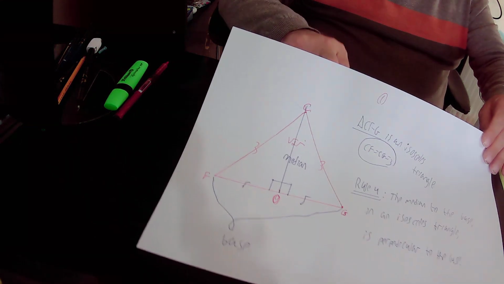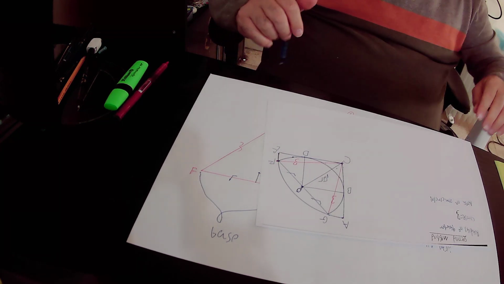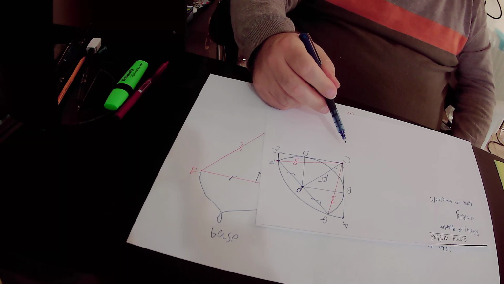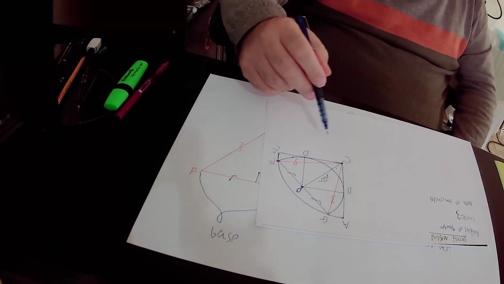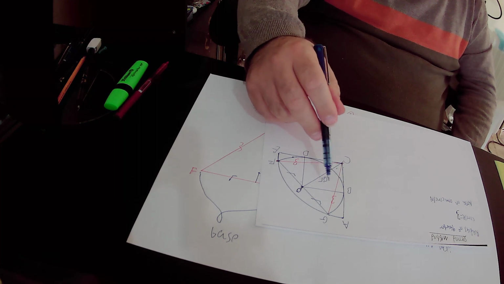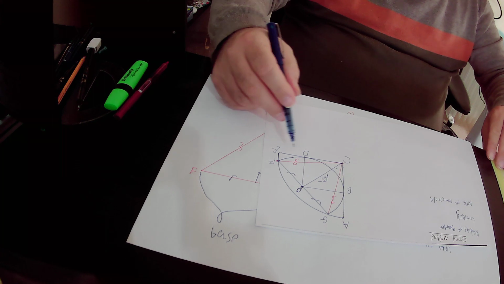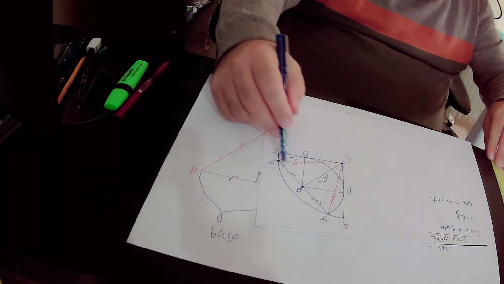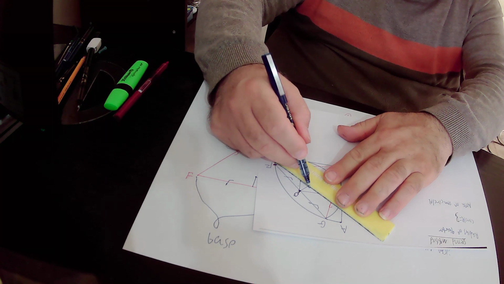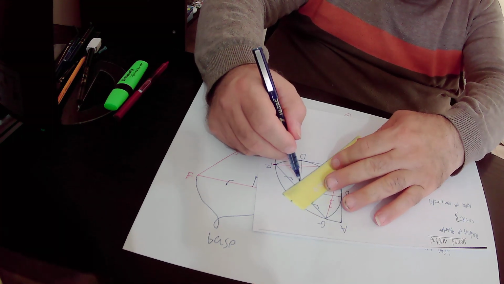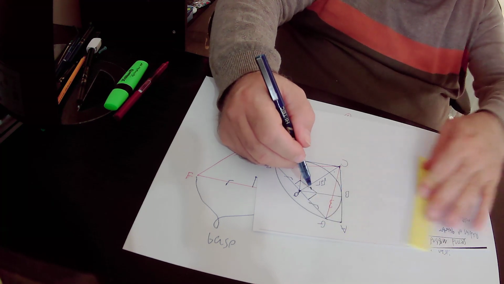So here, in the original drawing, according to rule number 4, the median CO to the base FG is perpendicular to the base GF. So CO is perpendicular to GF. It means that this angle equals 90 degrees, and this angle will be also equal to 90 degrees according to rule number 4.